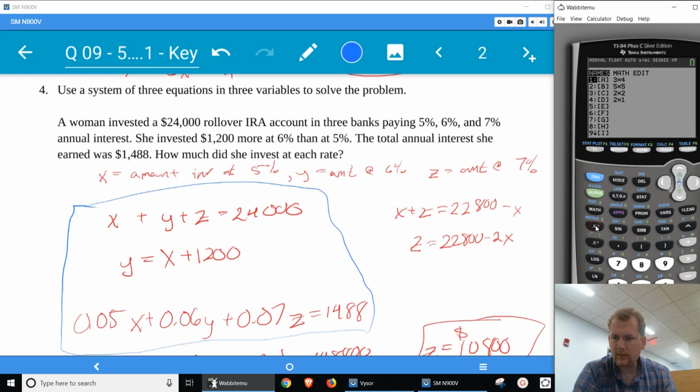So if we go to matrix again, we can do math with these. And what we want is called the row reduced echelon form, so it's RREF. Oops. I don't want to be changing that.